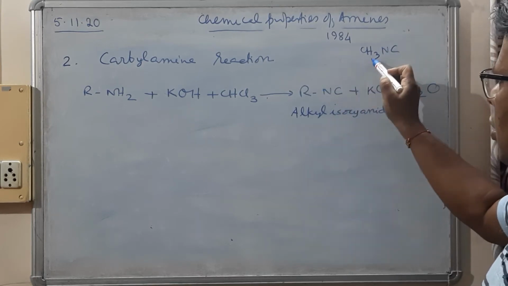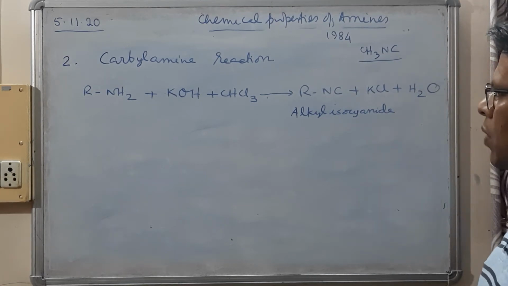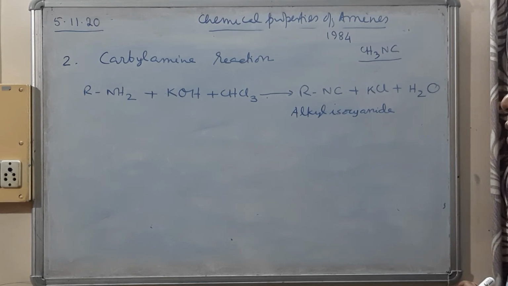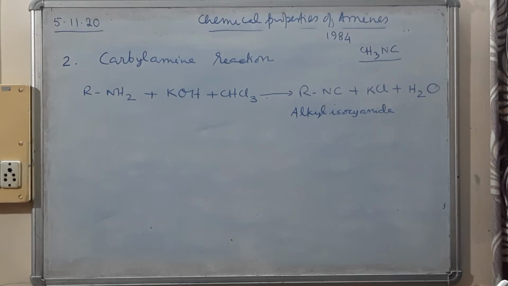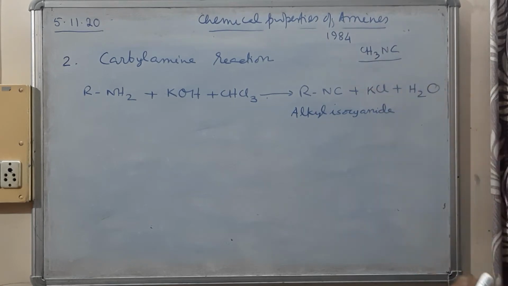Because of that leakage, many persons lost their lives. Many people are still surviving with a lot of deformity in the body. Many lost their eyesight and so on. So that was because of methyl isocyanate gas.